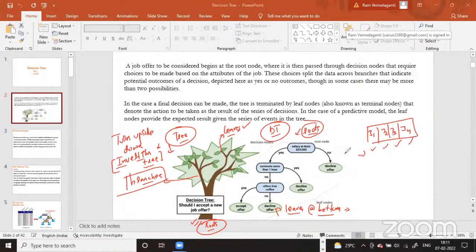So what is the first condition? The salary for my job should be at least $50,000. So this is the first condition.